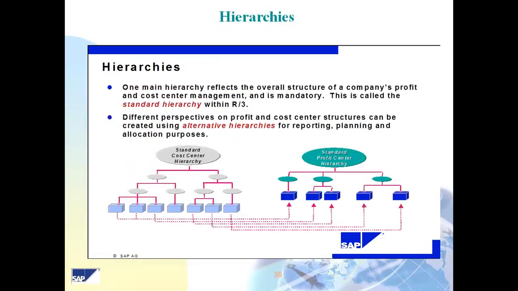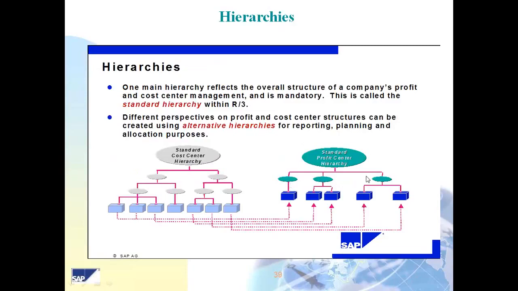We can maintain the hierarchies within the cost centers and within the profit centers. This hierarchy is mandatory, made up of groups: grouping of similar cost centers, again grouping of similar cost centers, and the last node is going to be the cost centers. Similarly, the profit center hierarchy is available.